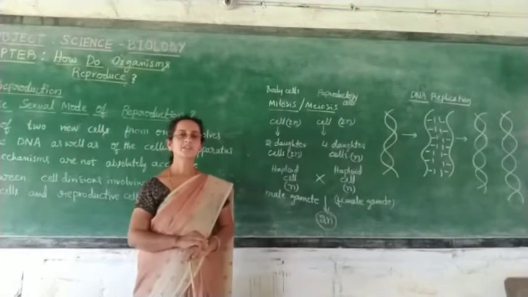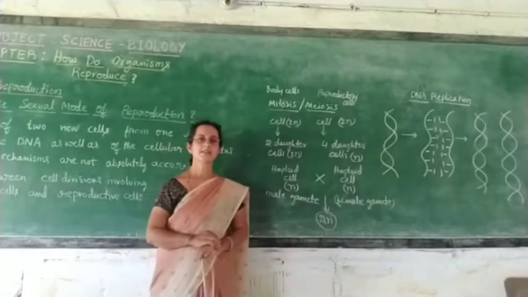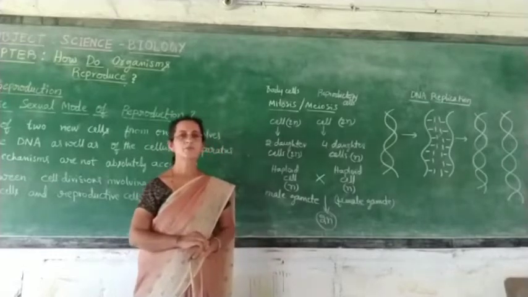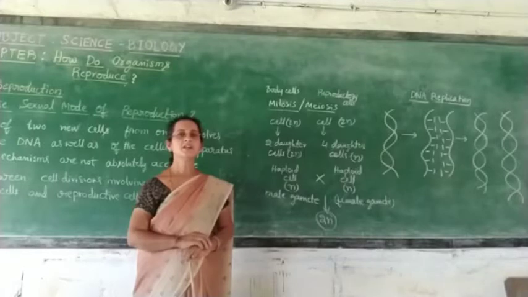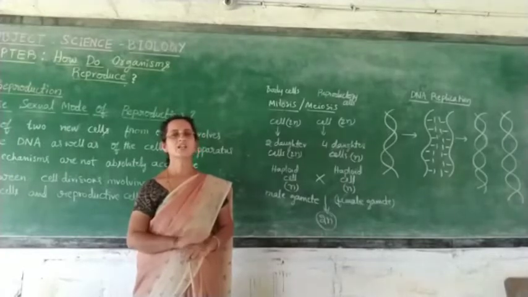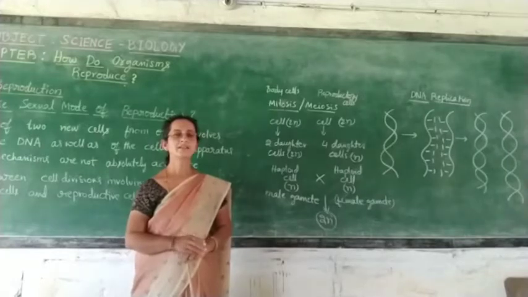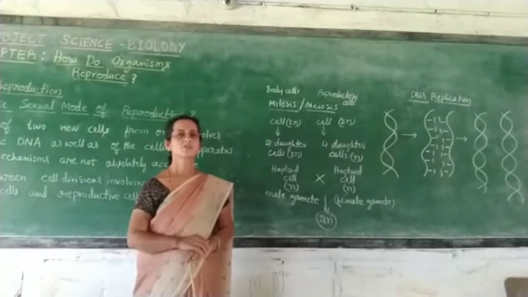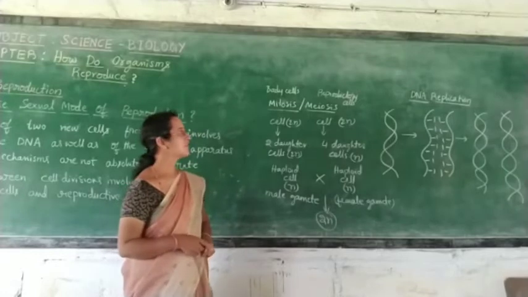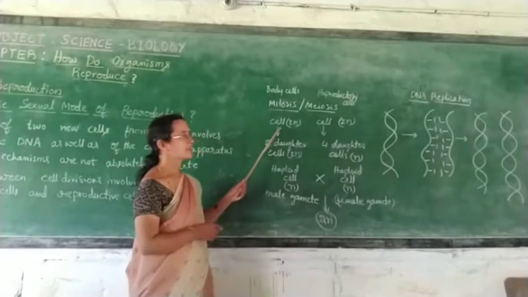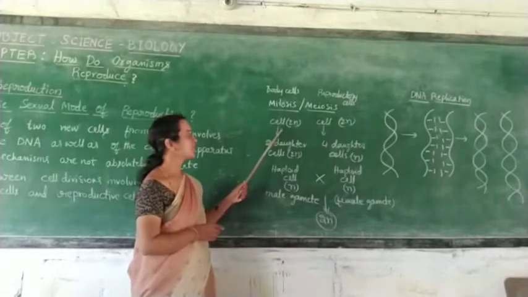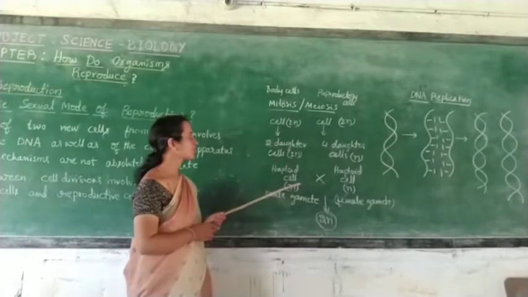Mitosis takes place in body cells, whereas meiosis takes place in reproductive cells. In mitosis, we learned that a cell divides into two, where you can see the transfer of genetic material which is the same as that of the parental cell, in equal amount.